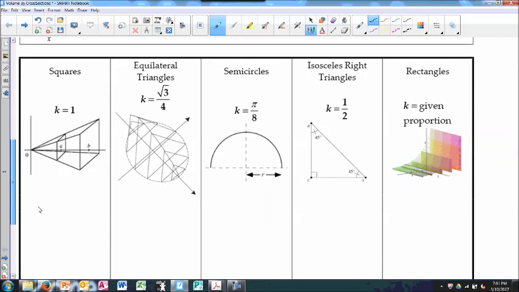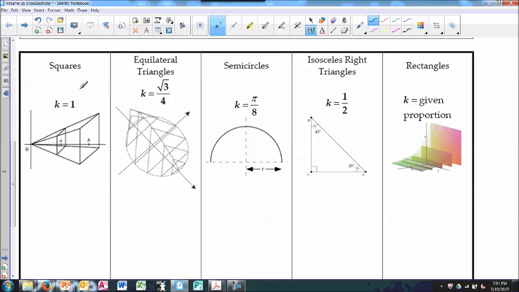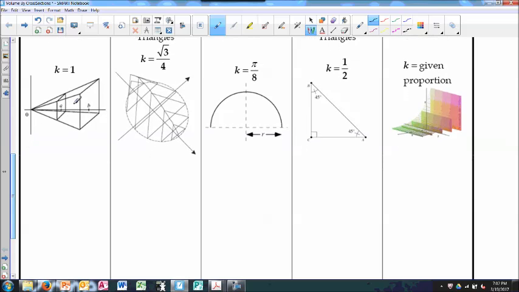So we need to have a little bit of a refresher on what we have for the area of known geometric shapes. So if I were slicing something that looks kind of like a megaphone or a speaker, and the sides make a perfect square, the area of a square is side times side, or side squared.